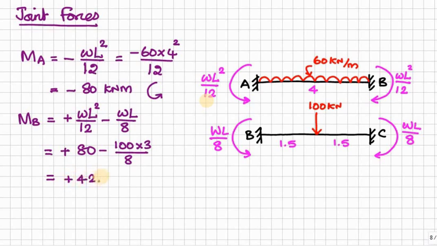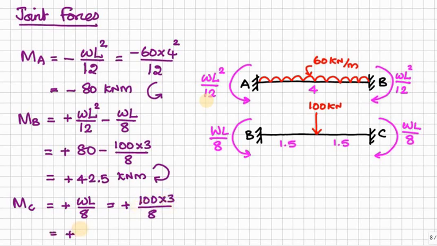Therefore, MB is equal to plus 42.5 kN·m, in the clockwise direction. Next, MC. MC is equal to plus, because it is acting in the clockwise direction, plus WL by 8. Only one moment we have, which is equal to plus 37.5 kN·m, clockwise direction.